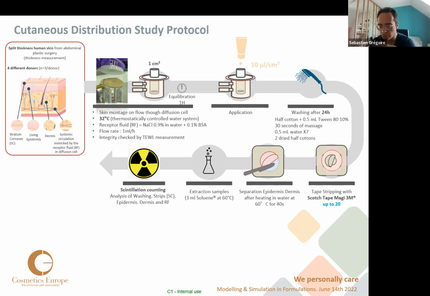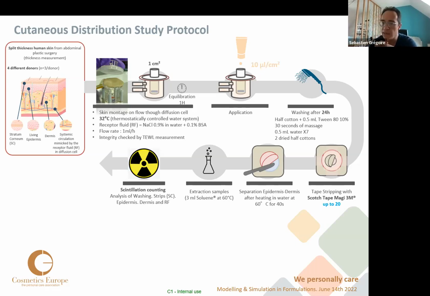The skin is well controlled in terms of characterization, integrity, temperature, and so on. Then we applied a given volume of the solution, 10 microliters per centimeter square. Then after 24 hours, the skin is washed to remove all of the chemical remaining at the skin surface.